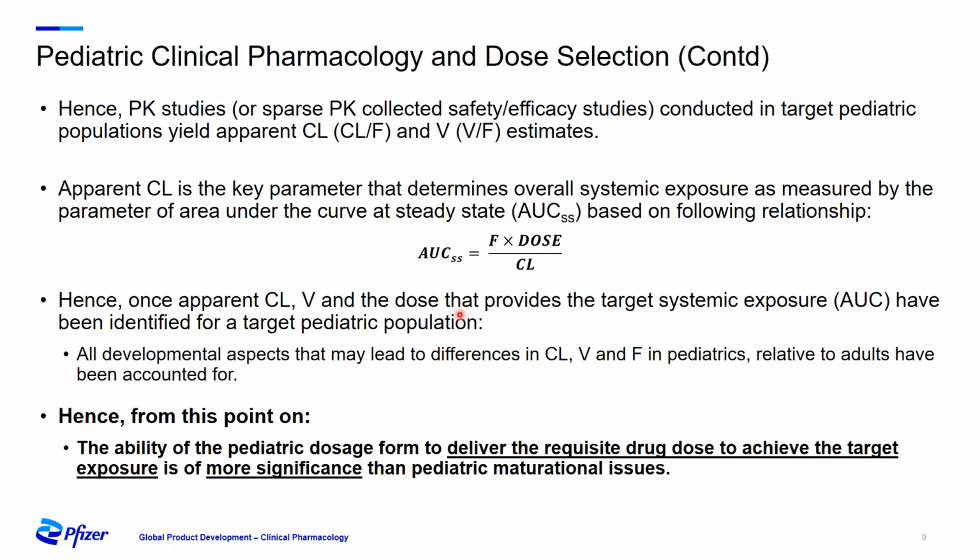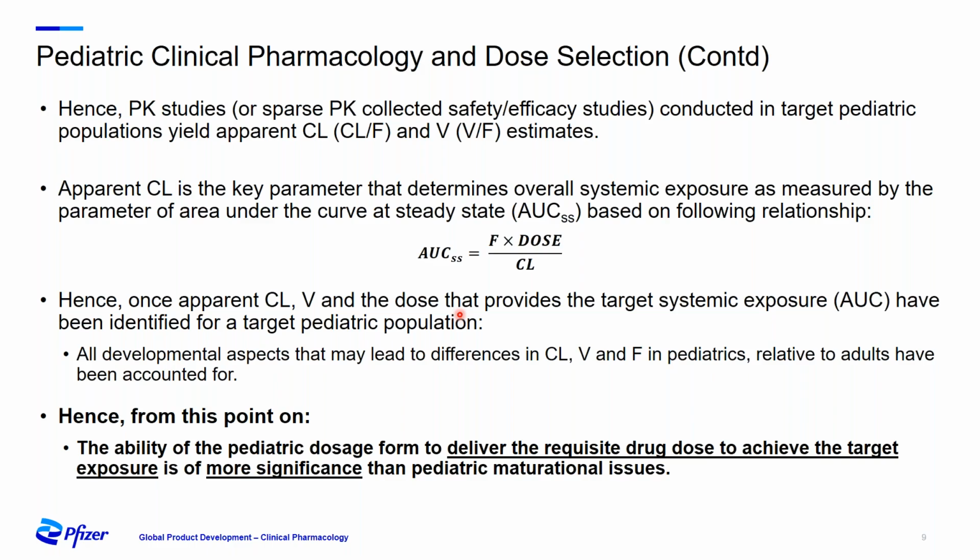As we collect PK data in the target pediatric population, whether we do dedicated PK studies or a sparse PK collection in the safety and efficacy trials, where we will analyze the PK using population PK analytical methods, the PK parameter estimates that we get for clearance and volume are the apparent clearance and apparent volume.